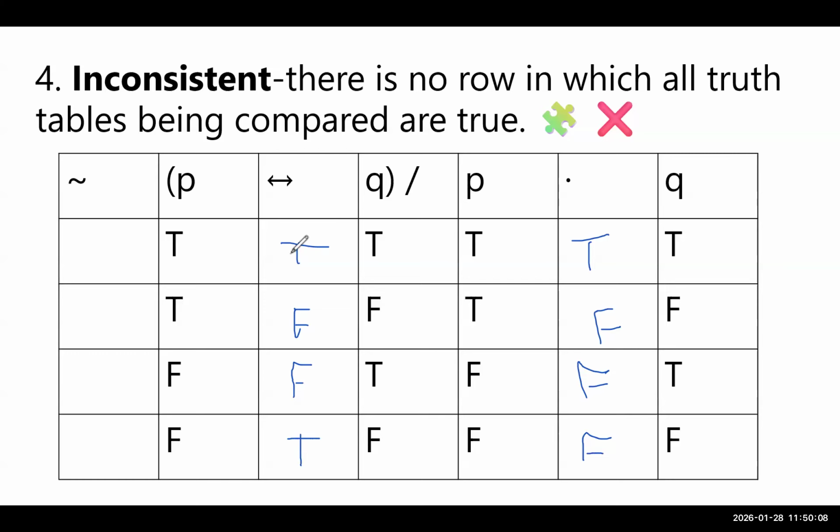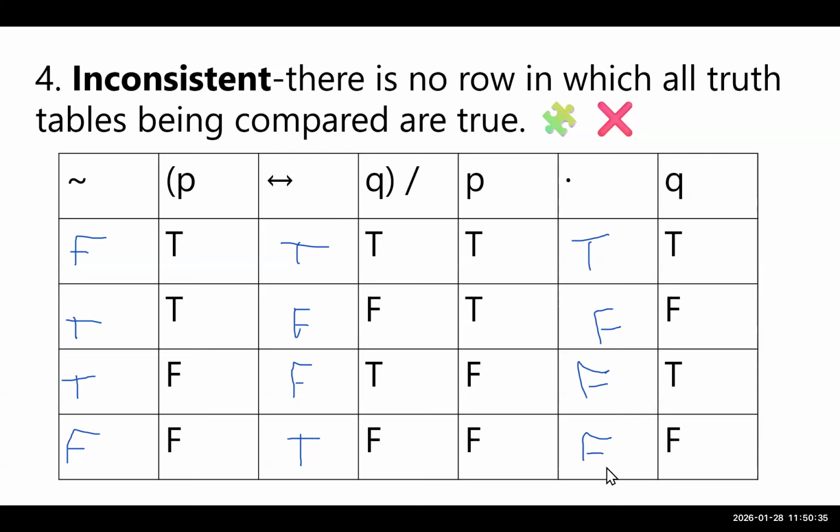Then we negate this if and only if, and we get false, true, true, false, because we're operating on this row right here. And now we're going to first test logical equivalent. Nope. And it looks contradictory at first. So they're contradicting themselves on line 1, on line 2, on line 3, but they do not contradict themselves on line 4.